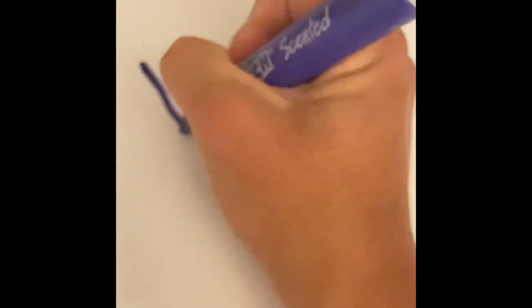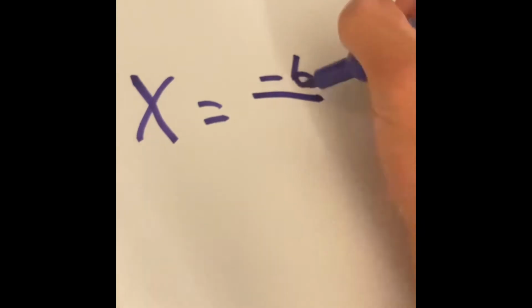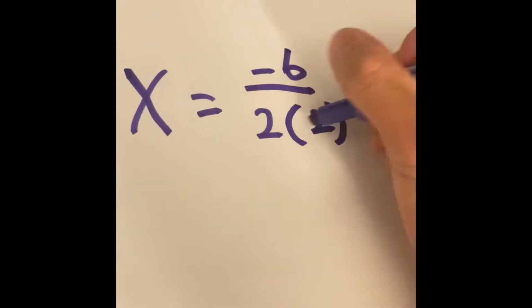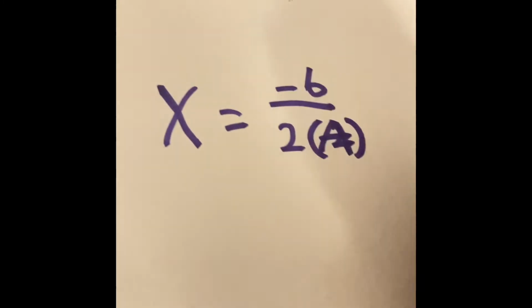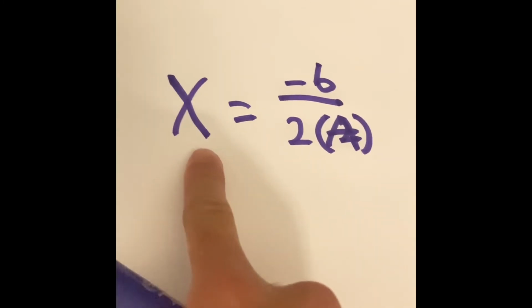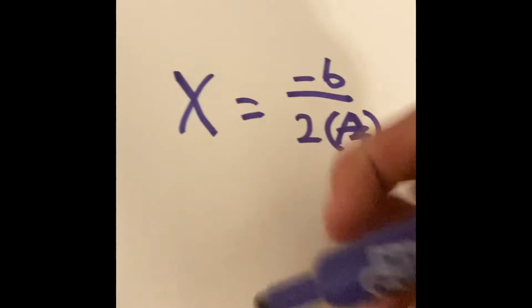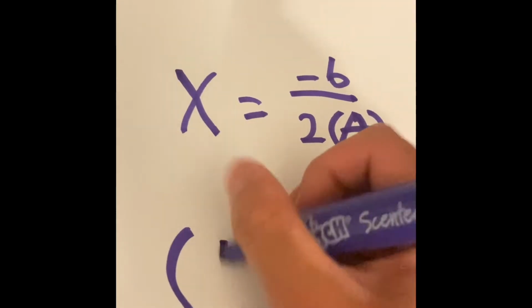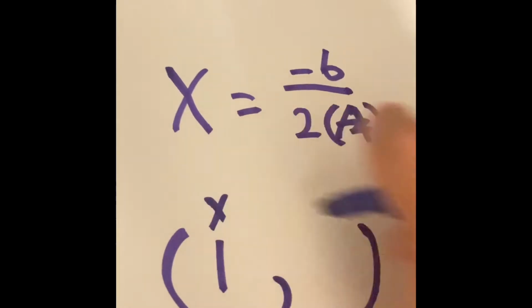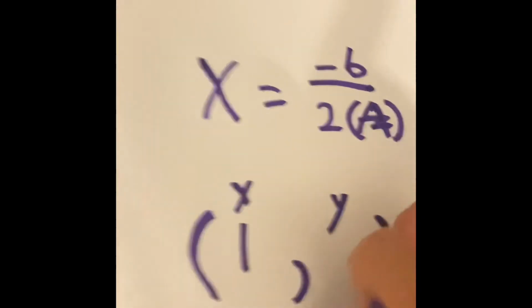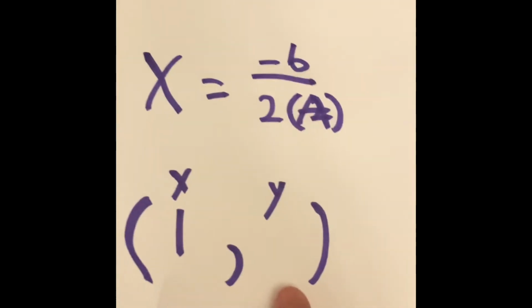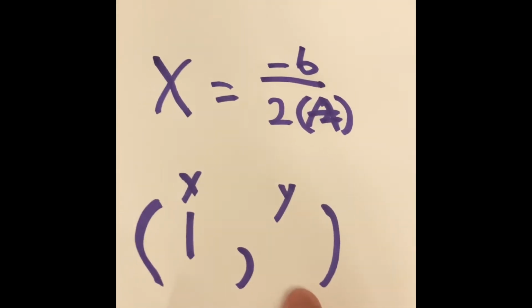The formula is x equals negative b over 2 times a. When you do the math, you're only going to find your x value, like 1 for example. Then you have to insert it back into the main expression and find your y value. That will become your vertex.